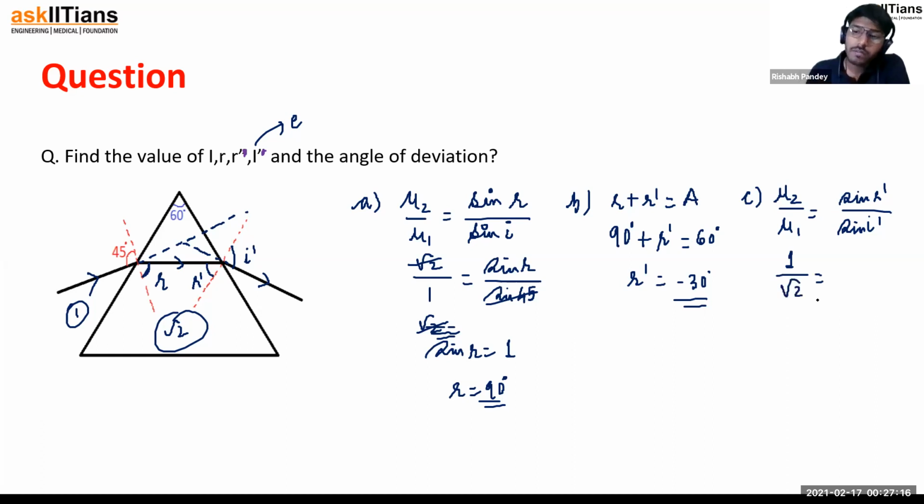R dash is sine 30 degrees, and sine i dash I need to find.